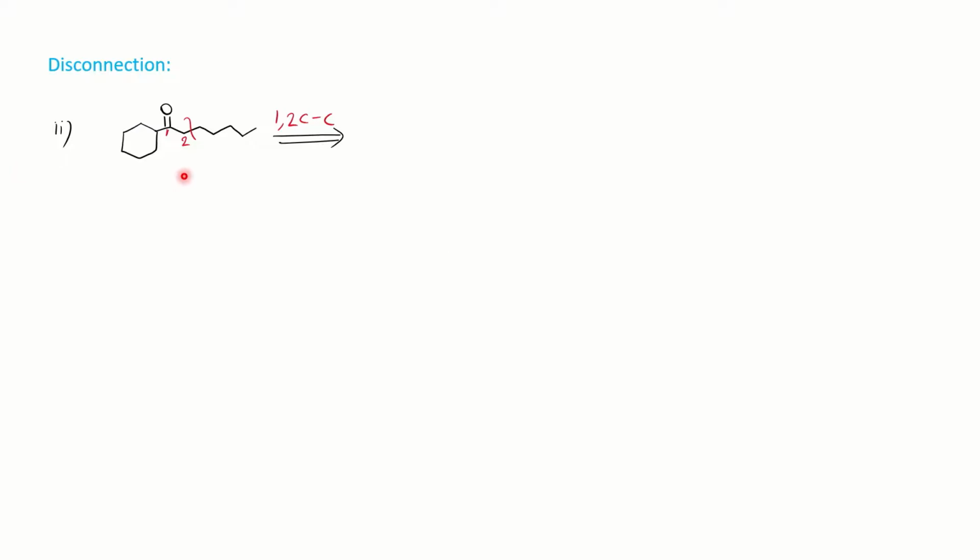Next molecule we'll see, you have a long alkylated carbonyl compound. So if you have only a carbonyl functional group, we'll do numbering 1 and 2, and with respect to that we will do a 1,2 C-C disconnection. You will get synthons. The carbonyl carbon is getting a negative charge here, so it means this is an umpolung synthon.